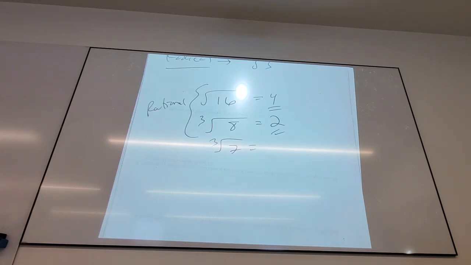So give me an estimate for the cube root of 7. Yeah, I'd say 1.9, 1.8, something like that. Because 7 is really close to 8, so the cube root should be really close to 2. Are you all with me? But whatever the cube root of 7 is, it is a decimal that never ends and has no repetition. So either roots work and they're nice whole numbers, or they don't work and they're irrational numbers.